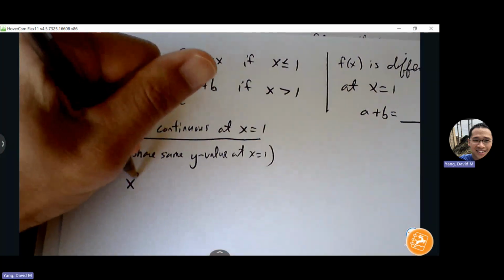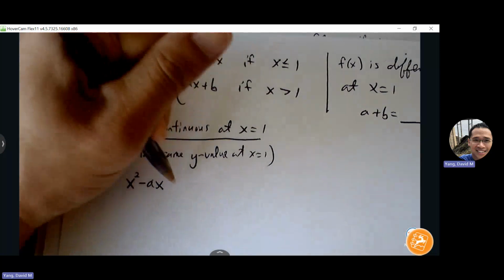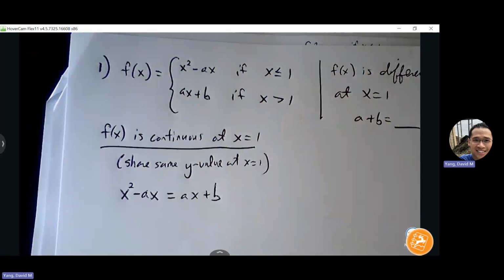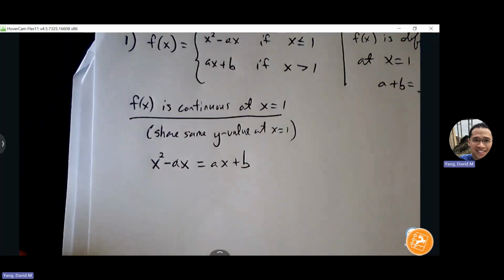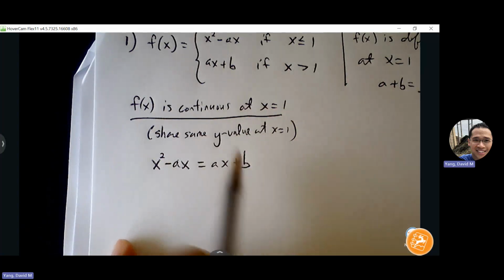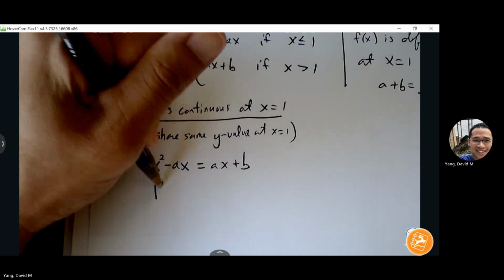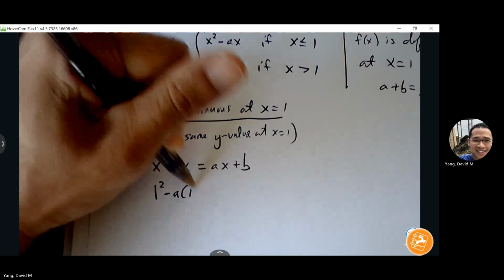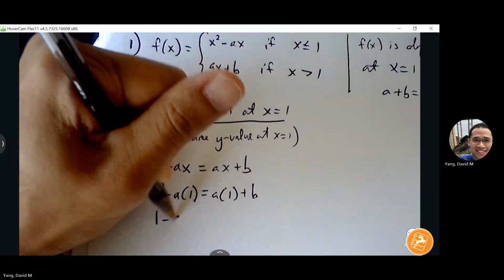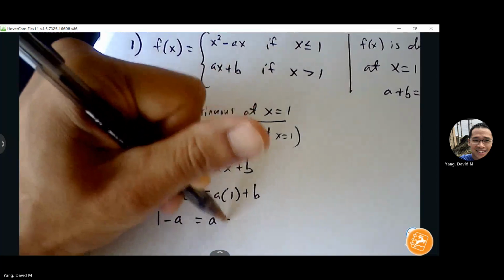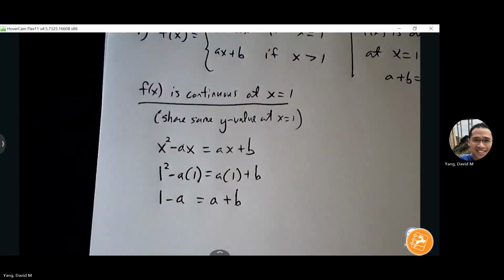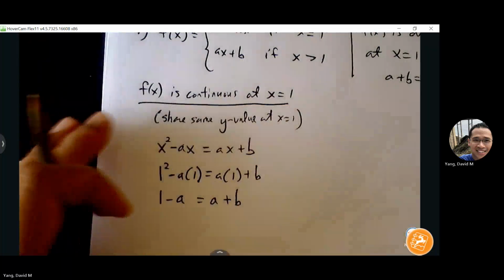So we can say x squared minus ax equals ax plus b. We know these two branches must share the same y value, so we can set them equal to each other at 1, and I can replace all the x's with 1.